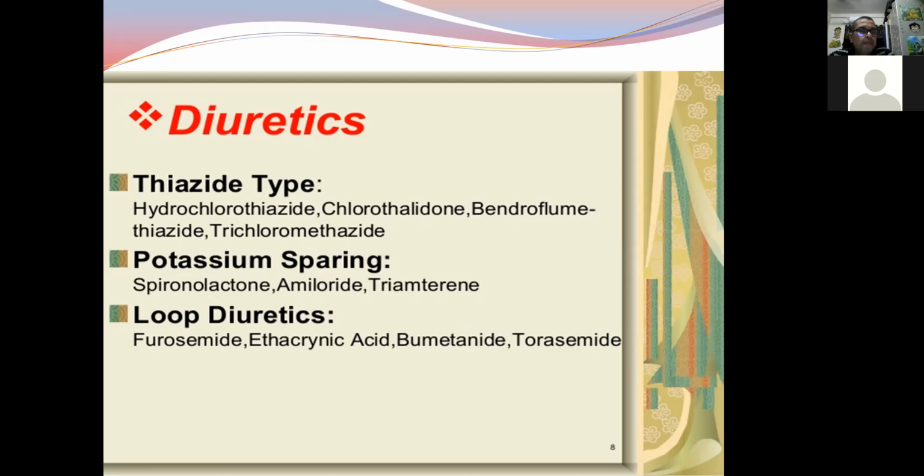Some of the examples are thiazide type diuretics like hydrochlorothiazide, chlorothiazide, and trichlormethiazide. Potassium sparing diuretics like spironolactone, amiloride, and triamterene, and loop diuretics like furosemide, ethacrynic acid, and torsemide. So these are the examples of the diuretics which are used.